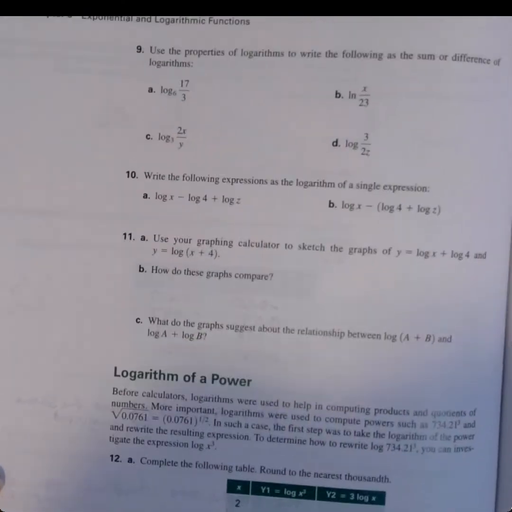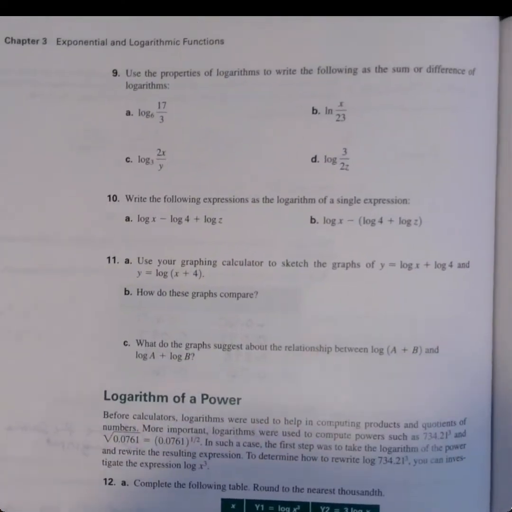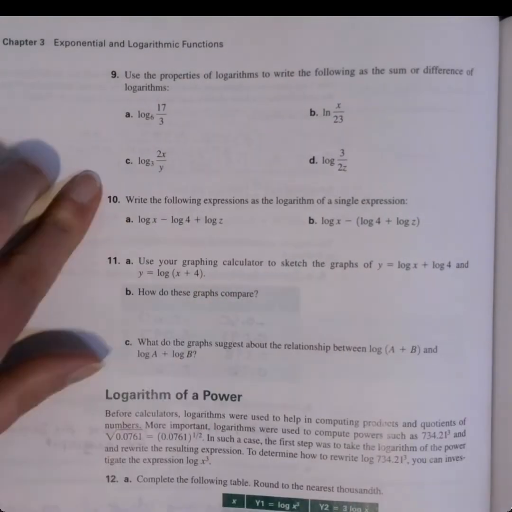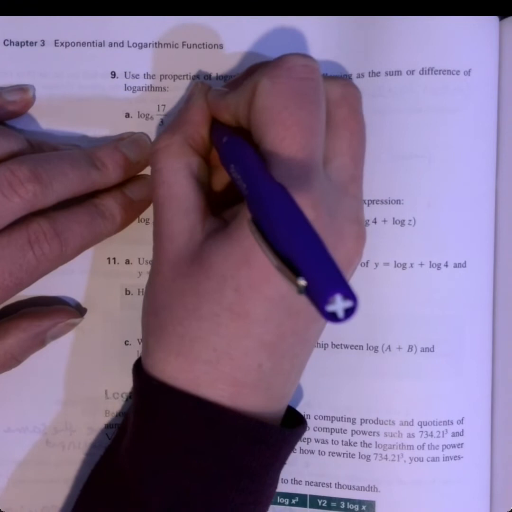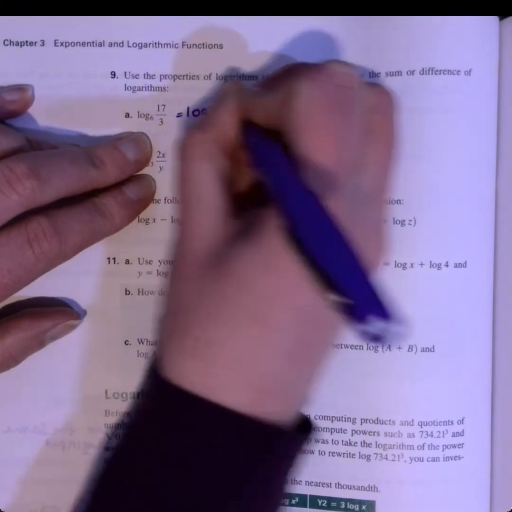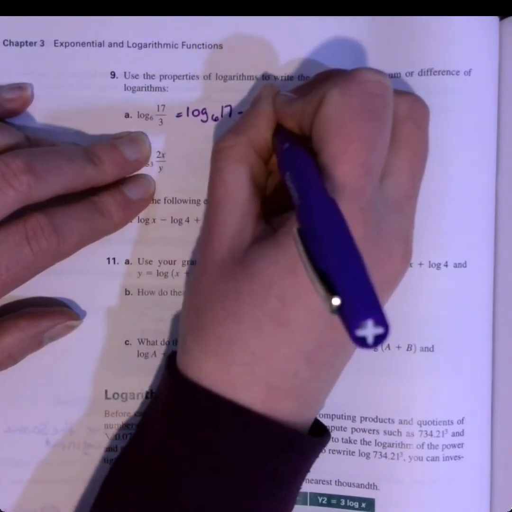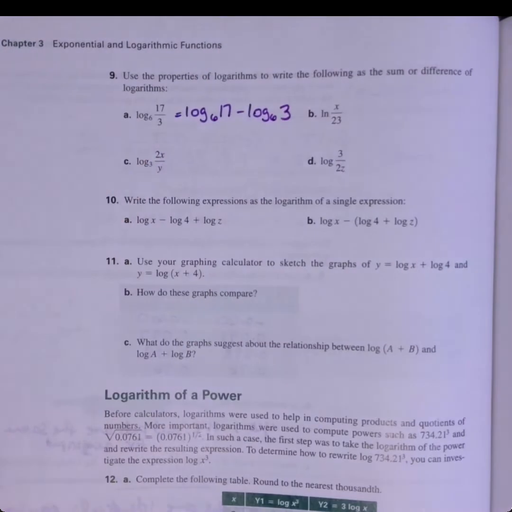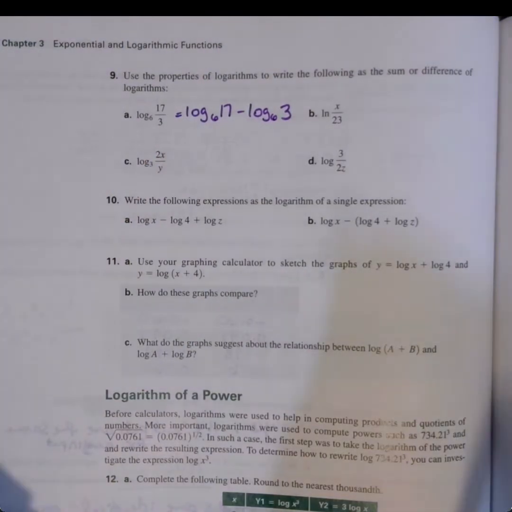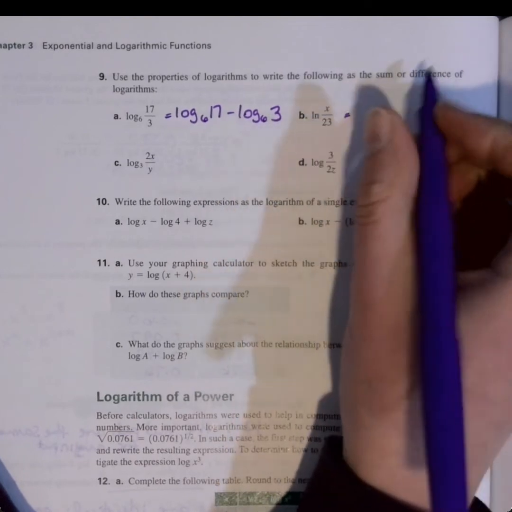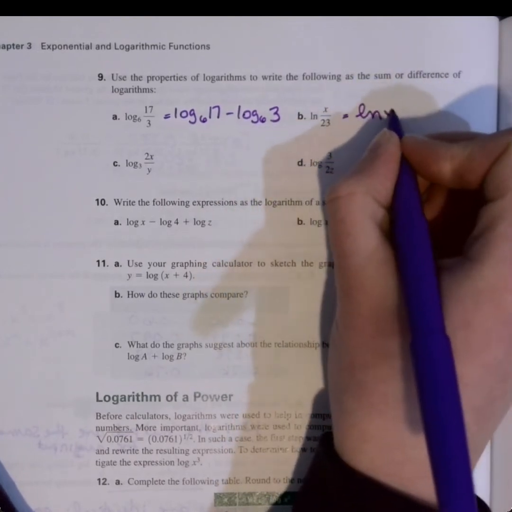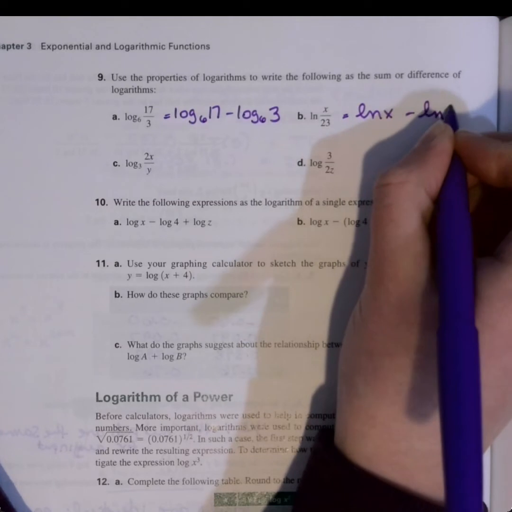So now we get to do some separating of our logarithms in number 9. Log base 6 of 17 over 3 is the same thing as the log base 6 of 17 minus the log base 6 of 3. Natural log of x over 23 is the natural log of x minus the natural log of 23.